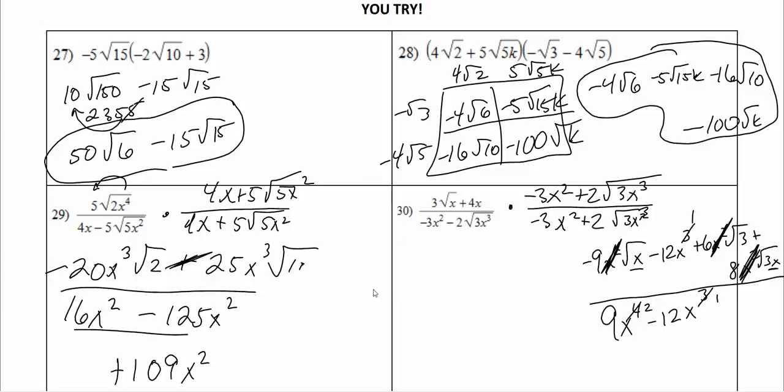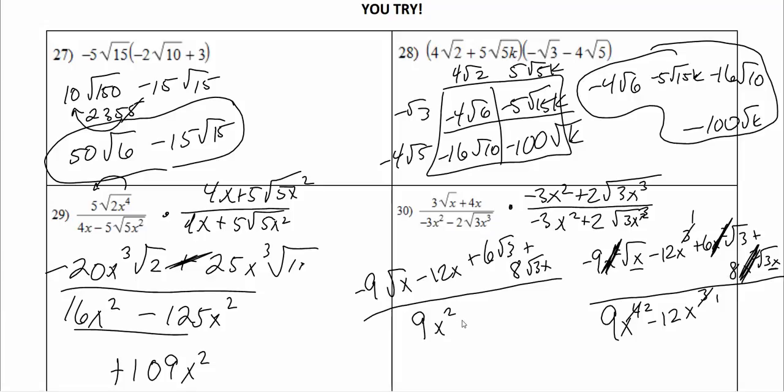So now let's rewrite it here. I get negative 9 root x minus 12x root, oh, nothing actually. So minus 12x plus 6 root 3 plus 8 root 3x over 9x squared minus 12x.